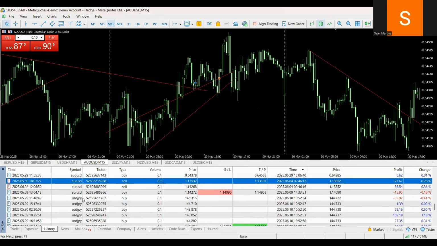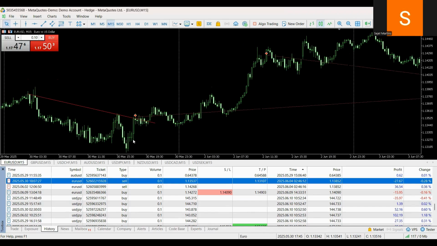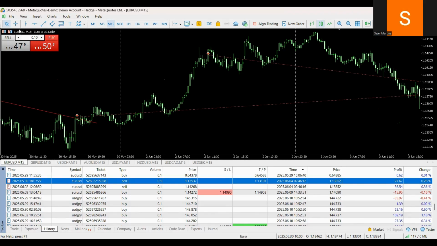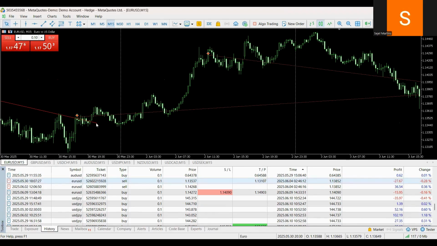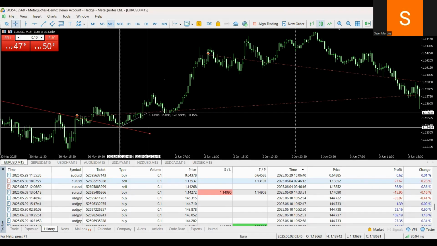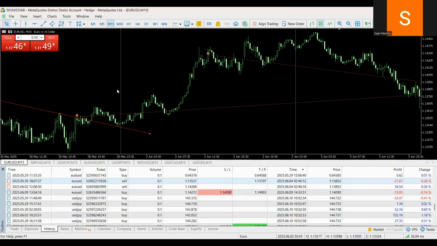Next is Euro USD. I think this is also a DCA trade, so I think we did the dollar cost averaging on Euro USD, that is on 30th of May. Over here, looking at the resistance, maybe I should have reevaluated my trade and taken a buy, and closed this trade in a small loss, but I didn't.